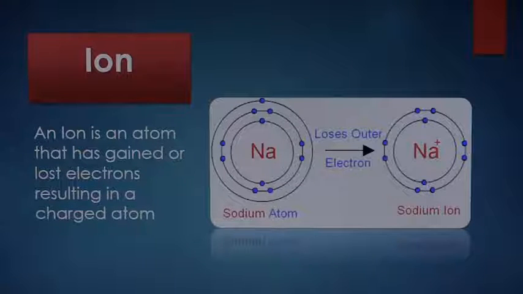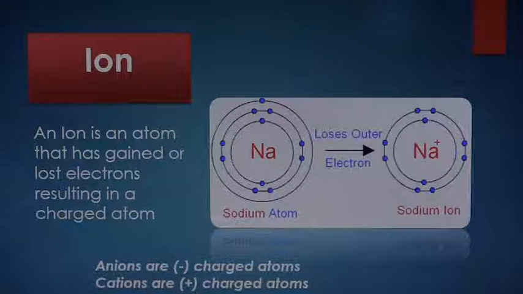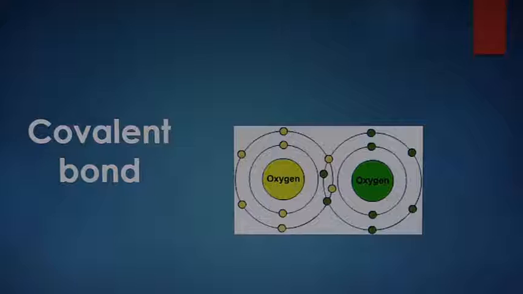During an ionic bond, the atom that steals the electrons from the other atom is called an anion and has a negative charge. The atom that loses its electron acquires a positive charge and is called a cation. When two atoms share electrons, they form a covalent bond. They are the strongest bond.